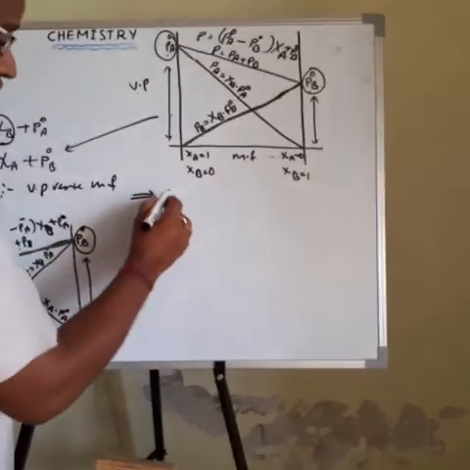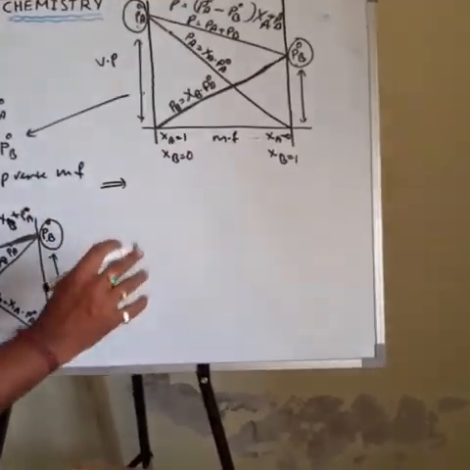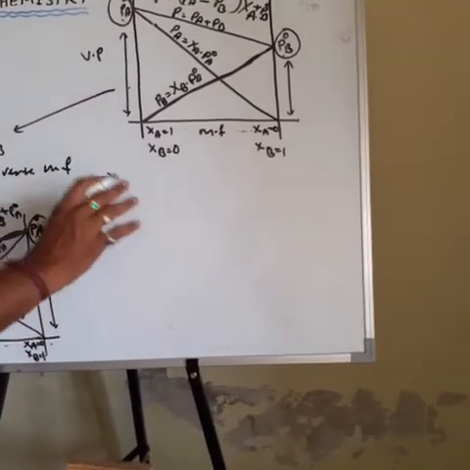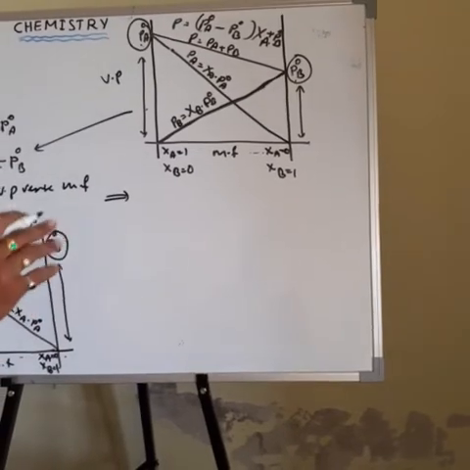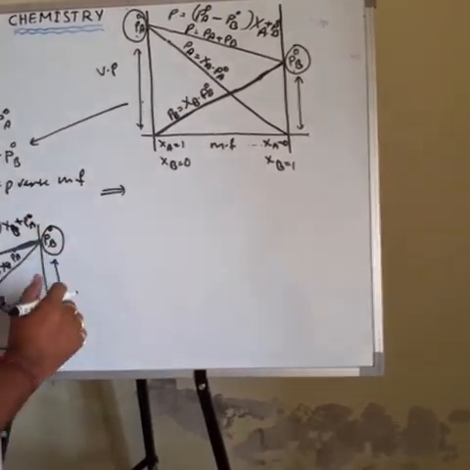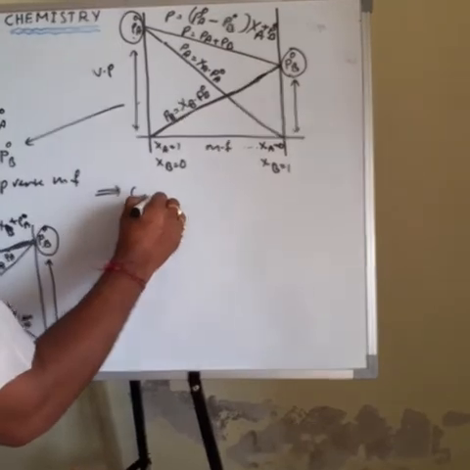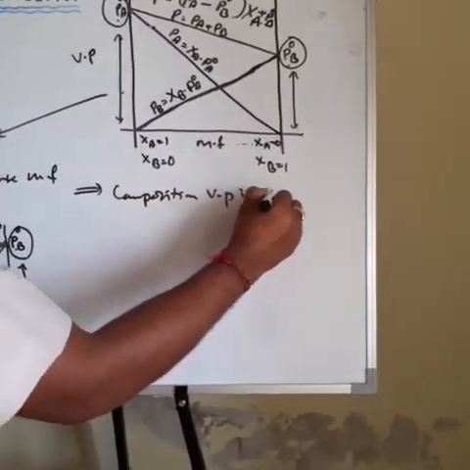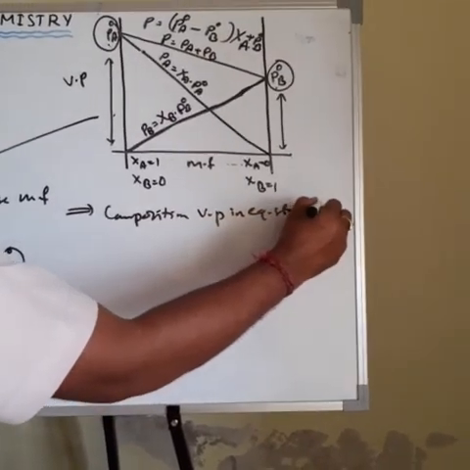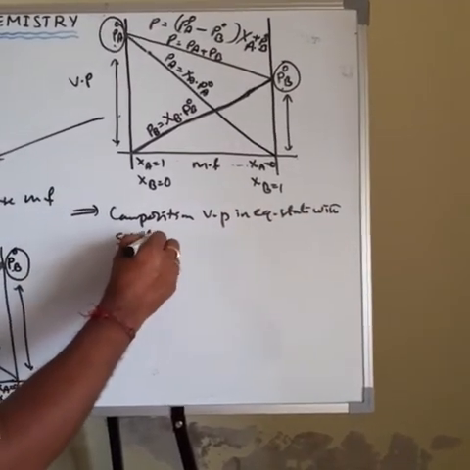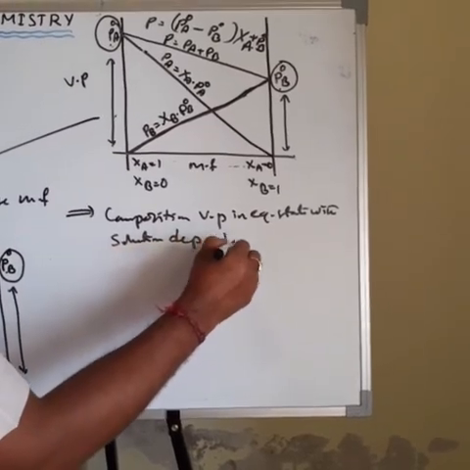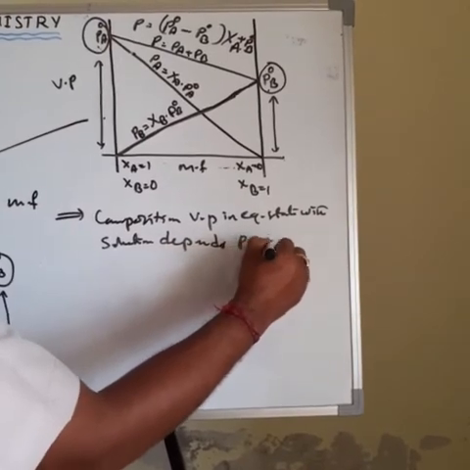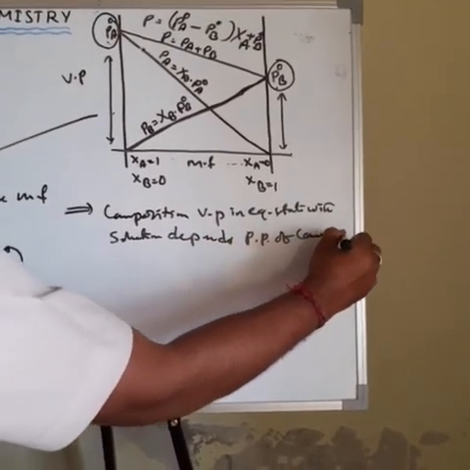the composition of vapor in the solution. The composition of vapor at equilibrium with the solution depends on the partial pressures of the components.